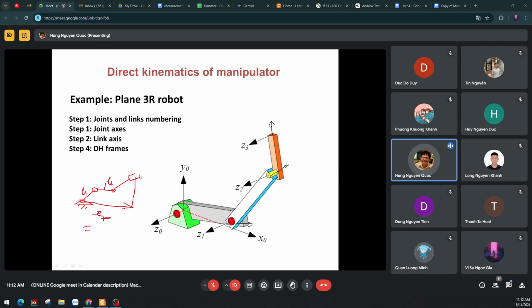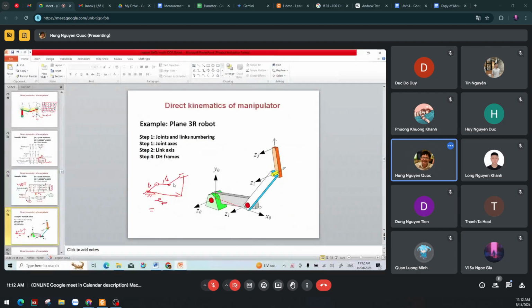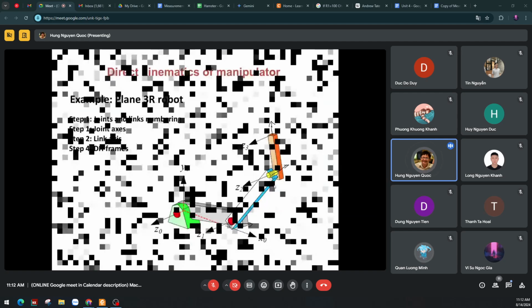So we do an easier one, right? Of course, you can use G0, G1, G2, and G3. In this case, because it is planar, you can choose this one as G3. But if you don't want, you can choose G3 in this direction. But for the planar, usually we choose like that.